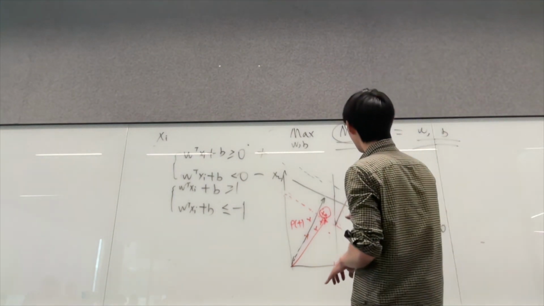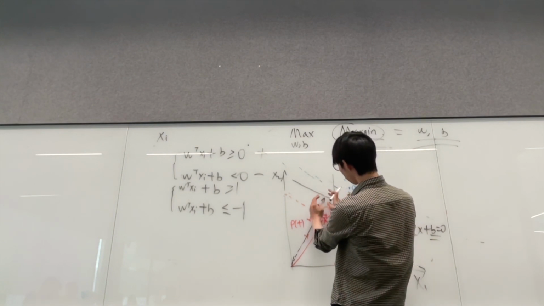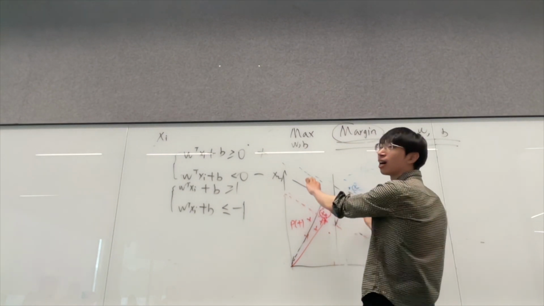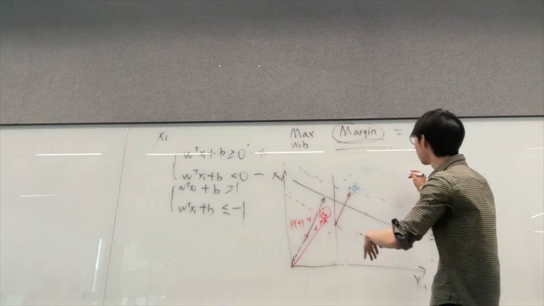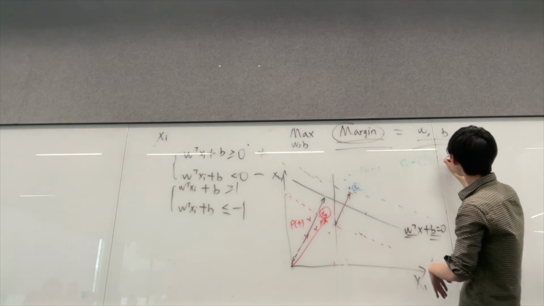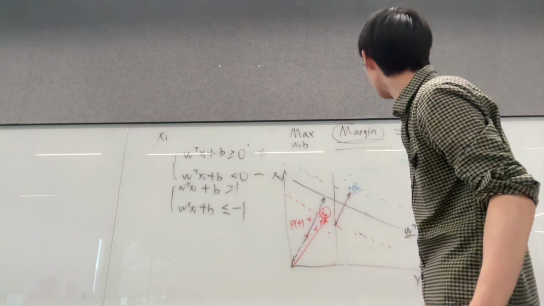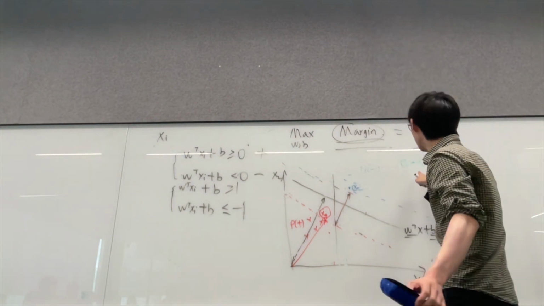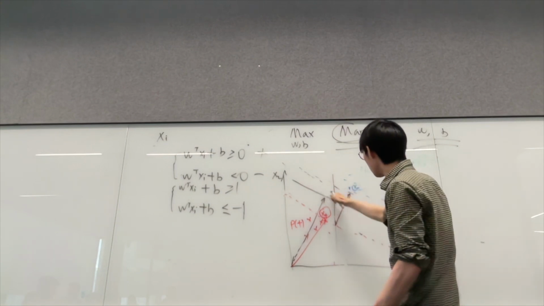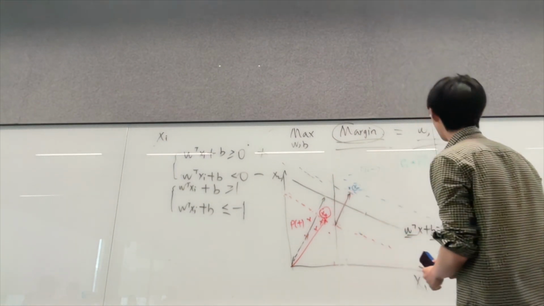Actually, if you find this vector and you find this vector, and they are perpendicular to each other, the product is not 1, it's 0. Yeah, it should be 0, right? You are correct. So we need to find a vector to make this vector and this vector's dot product become 0.